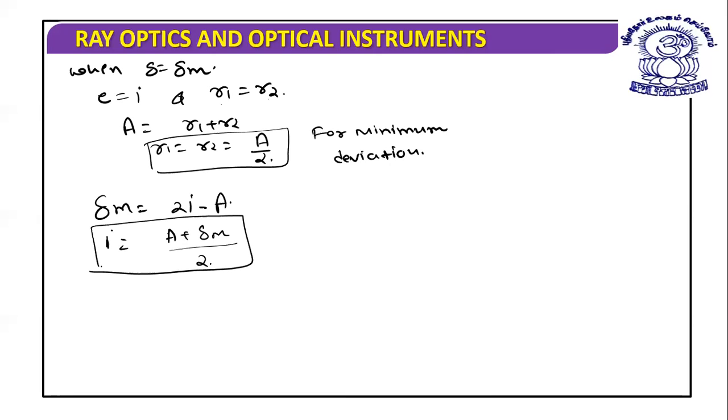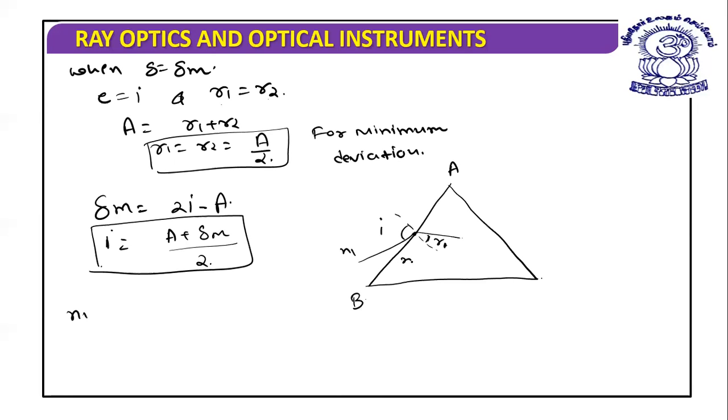Now, if we want to find the refractive index of the prism, we can apply Snell's law on surface AB. This is angle of incidence I and angle of refraction R1. So at this point, if we apply Snell's law, we can write N1 sine I is equal to N2 sine R1.